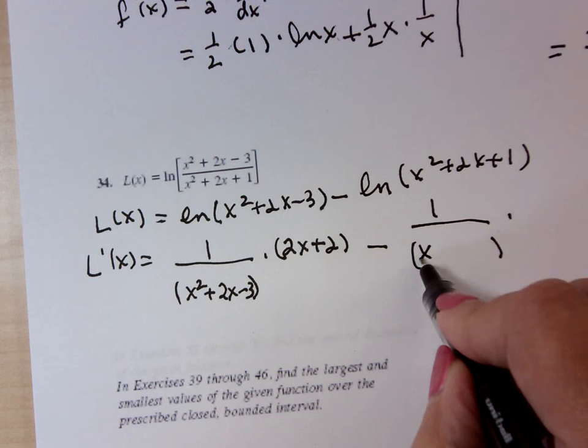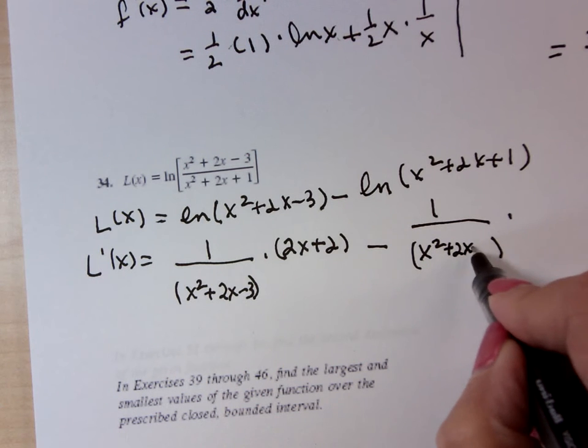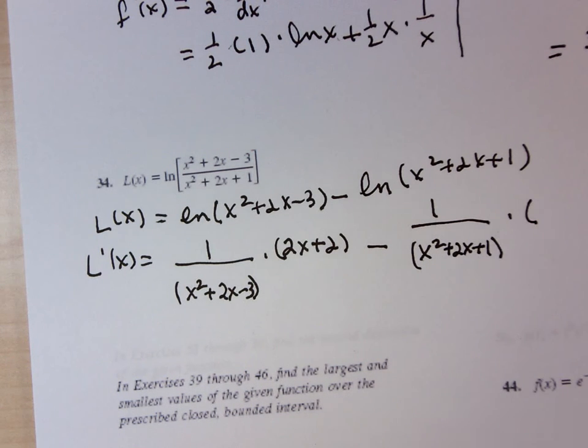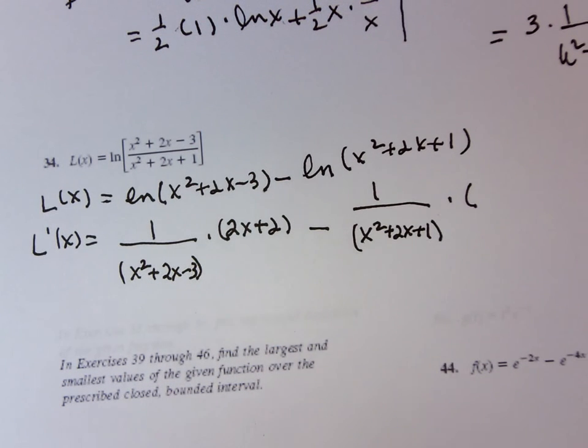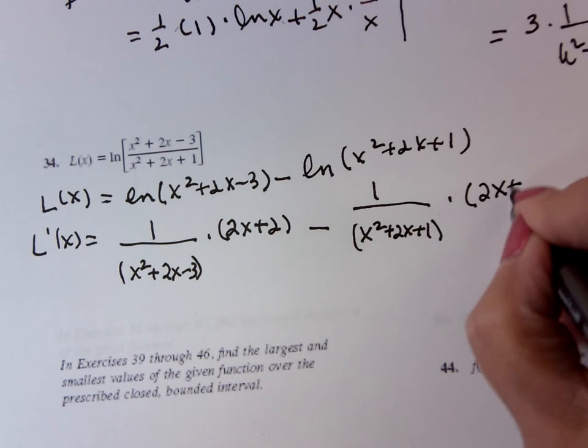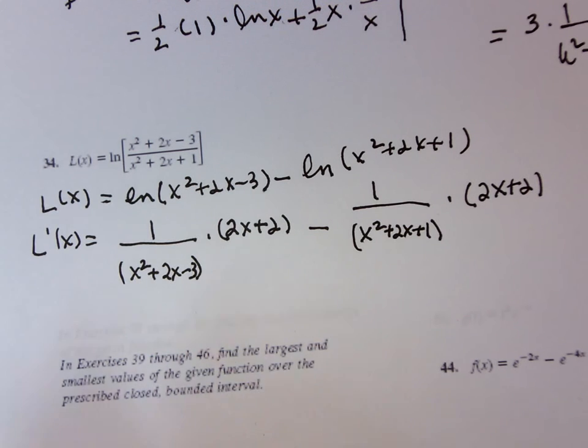In this case, the blob is x squared plus 2x plus 1, and the derivative of x squared plus 2x plus 1 is? 2x plus 2. Now, the simplification would not be a picnic, but we're not simplifying, so we don't care. Any questions?